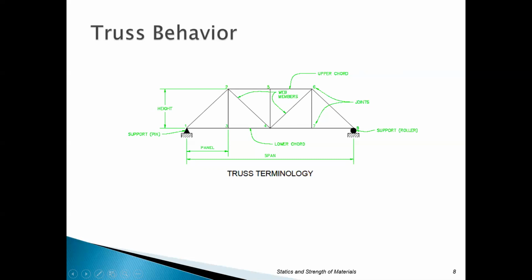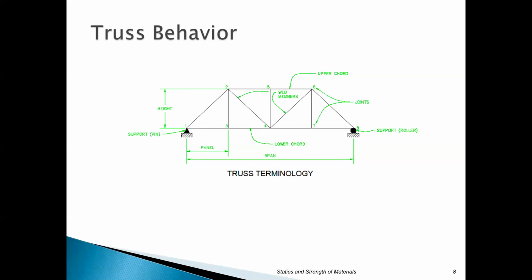Then we have members themselves. So member 1, 3, 3, 4, 4, 7, and 7, 8. Those members are referred to as the lower chord members. And the upper chord members would be 2, 5, and 5, 6. All right. Anything else is a web member, just kind of like a spider web concept.